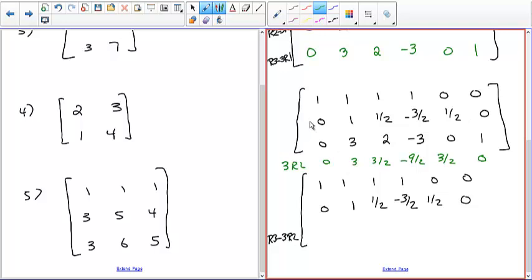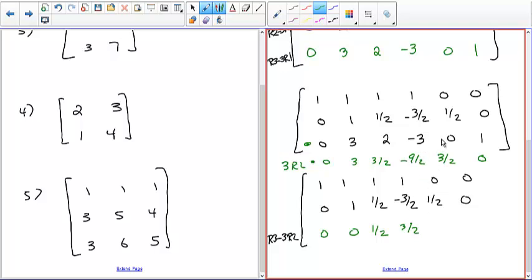So I'm taking this, multiplying everyone by 3. And then I'm going to take row 3 and subtract 3 times row 2. So 0 minus 0 is 0. 3 minus 3 is 0. 2 minus 3 halves is 1 half. Negative 3 minus a negative 9 halves, that's negative 6 halves plus 9 halves, so that's 3 halves.